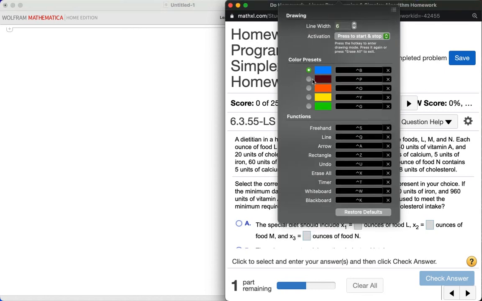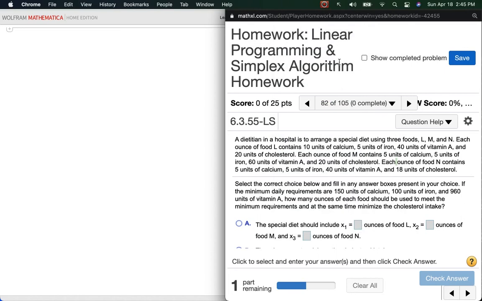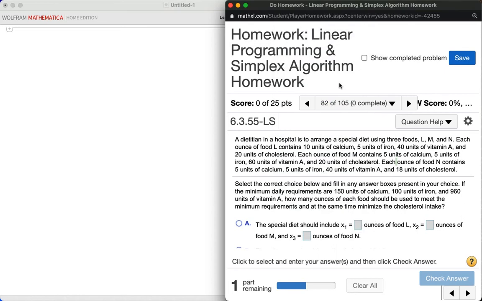If you remember correctly, we had 10L plus 5M plus 5N, greater than or equal to 150.